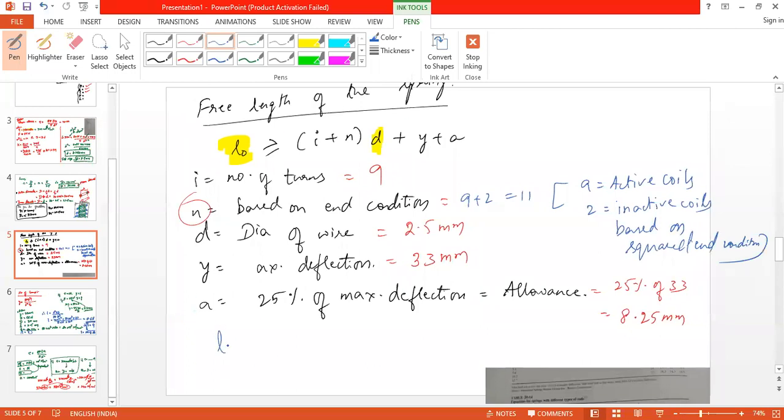So now we know all the values, so we can get the value of L0. So L0 must be greater than or equal to, n is 11, so 9 plus 2, that multiplied by the diameter d.